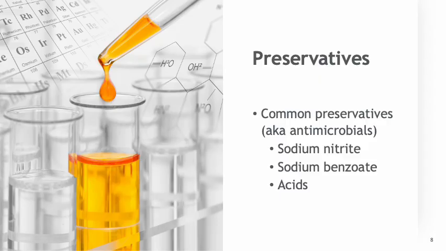It is important to notice that some preservatives have an impact on bacteria, some have an impact on yeast, so different types of microorganisms will be affected by different types of preservatives, and pH is also very important in this type of selection.